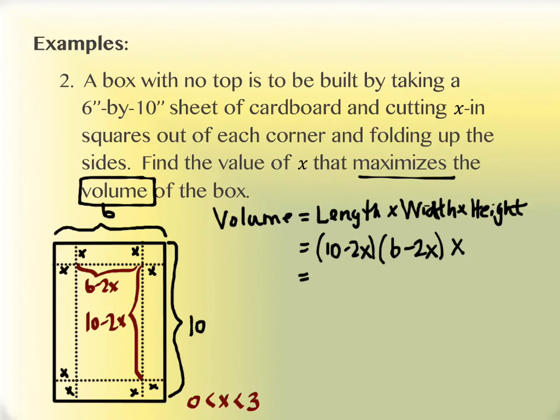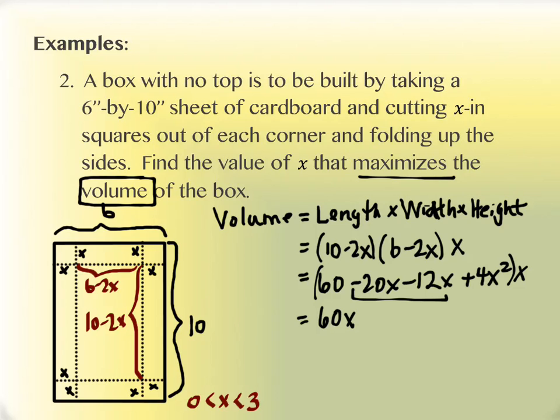So I have 10 times 6 or 60. My outside terms are negative 20x. Inside's negative 12x. Last term's plus 4x squared. All that's multiplied by x. So I have 60x. I can combine the two in the middle for negative 32x, but times the x on the outside makes it x squared, and then plus 4x cubed.